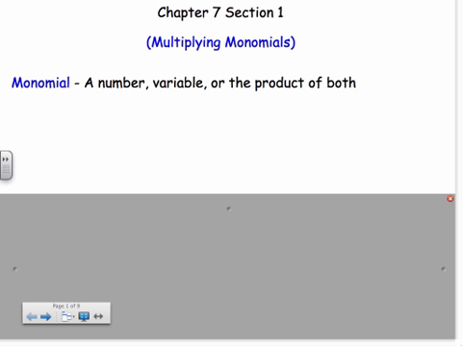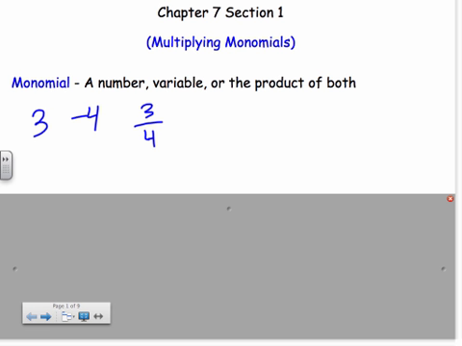So first off, a monomial is simply a number, a variable, or the product of both. So for example, a number could be anything. It could be 3, could be -4, it could even be a fraction, 3/4. Okay, just basically any real number. It could also be a variable.